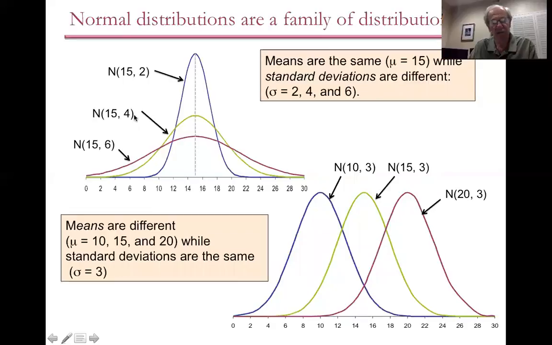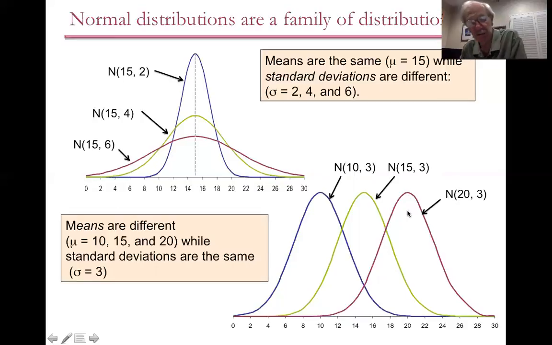But the 4 causes the distribution to get wider. Standard deviation measures the spread of data, so the bigger the standard deviation, the more spread the data is. The green is more spread than the blue, and the red, whose standard deviation is 6, is more spread than the 2 or 4.